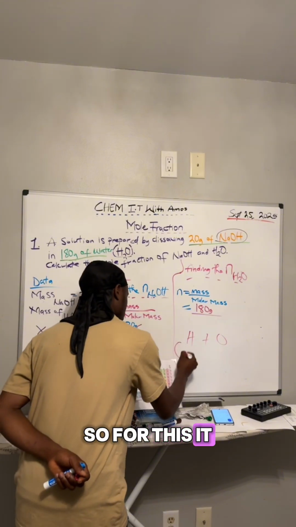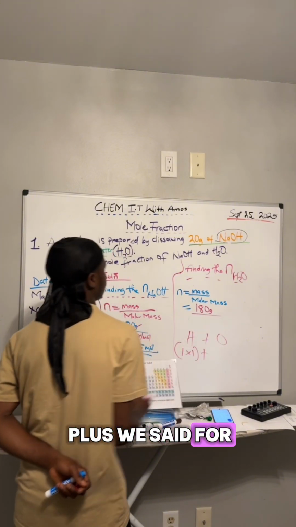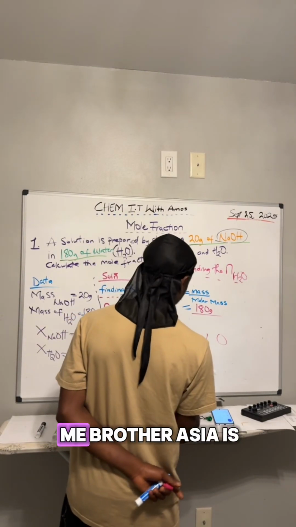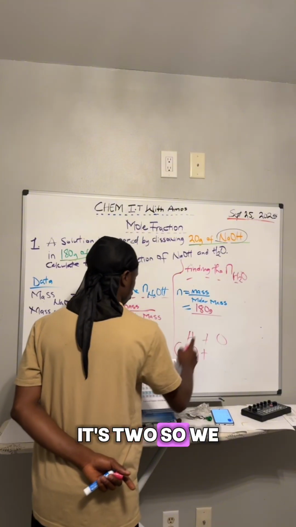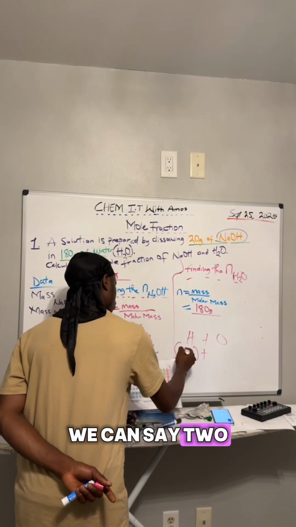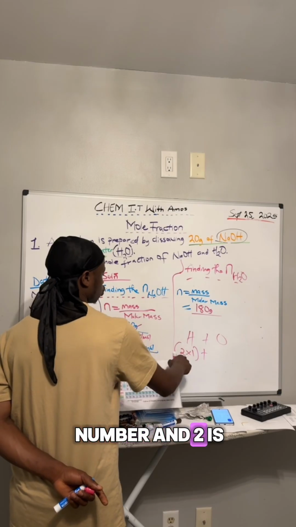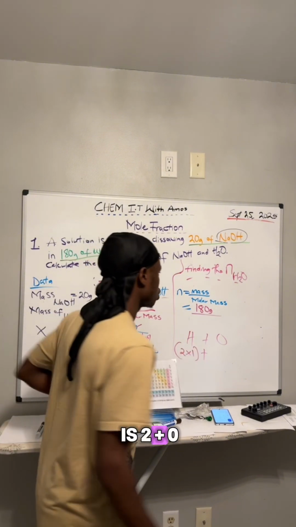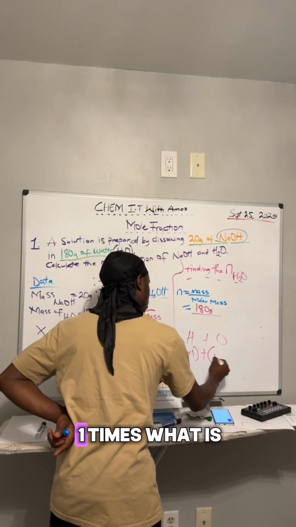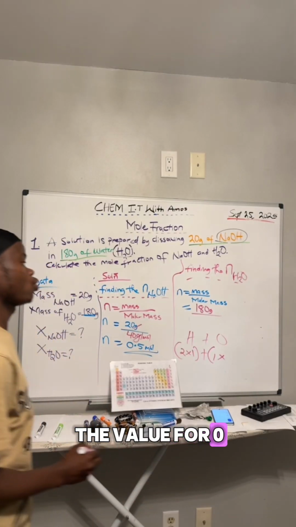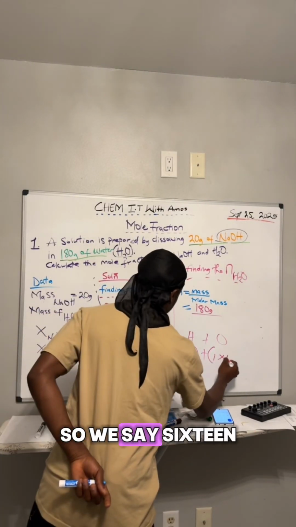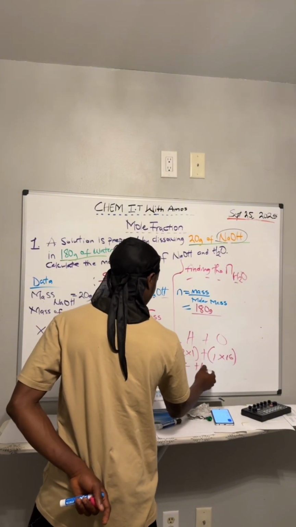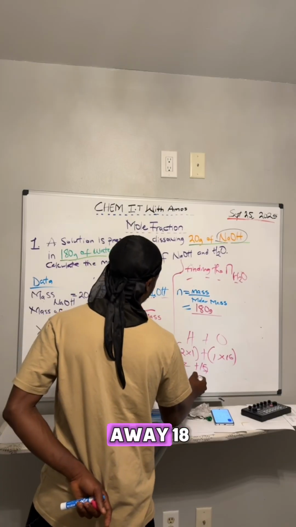So for this, it's 2 times 1, where 1 is the mass number and 2 is the subscript of hydrogen, plus O, which is 1 times 16, the mass number of oxygen. 2 times 1 is 2, 1 times 16 is 16, and 2 plus 16 gives us 18.